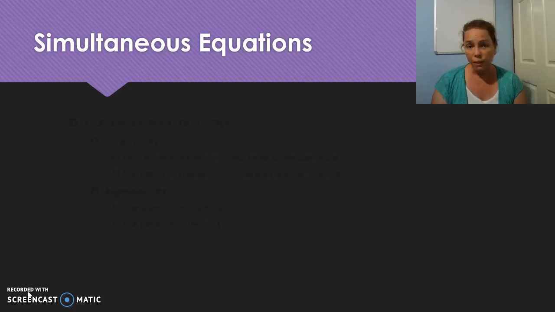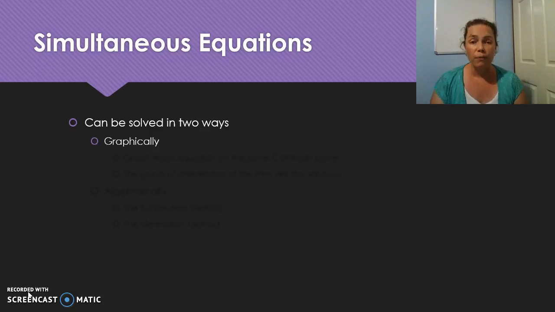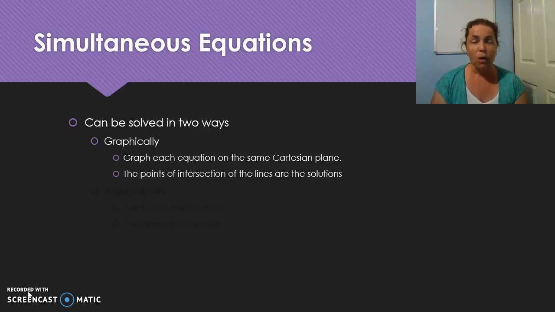So generally speaking, simultaneous equations can be solved in two ways. The first is graphically. So what we do is we take our two equations that we've been given and we graph both of them on the same Cartesian plane. Where the lines intersect is a point that meets the conditions of both lines.